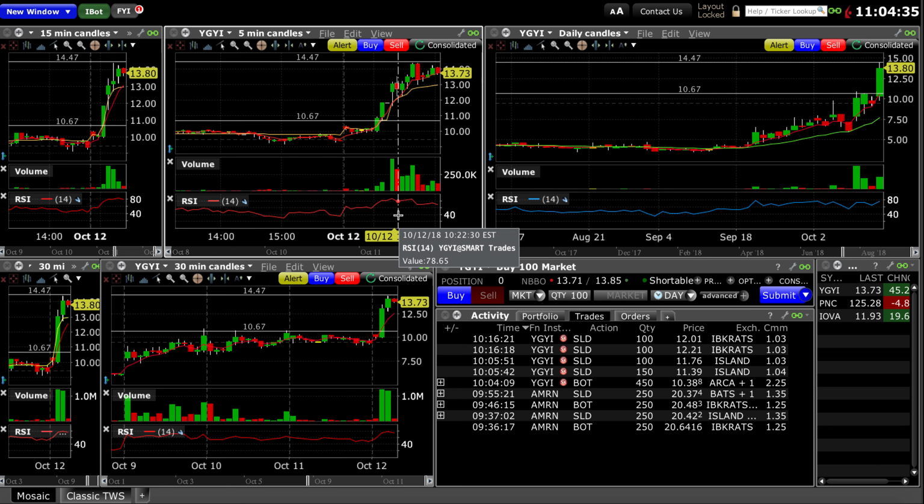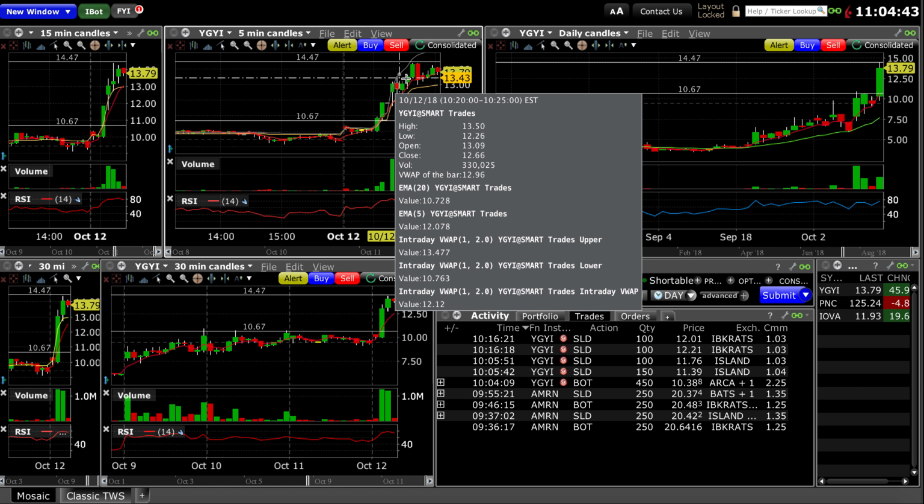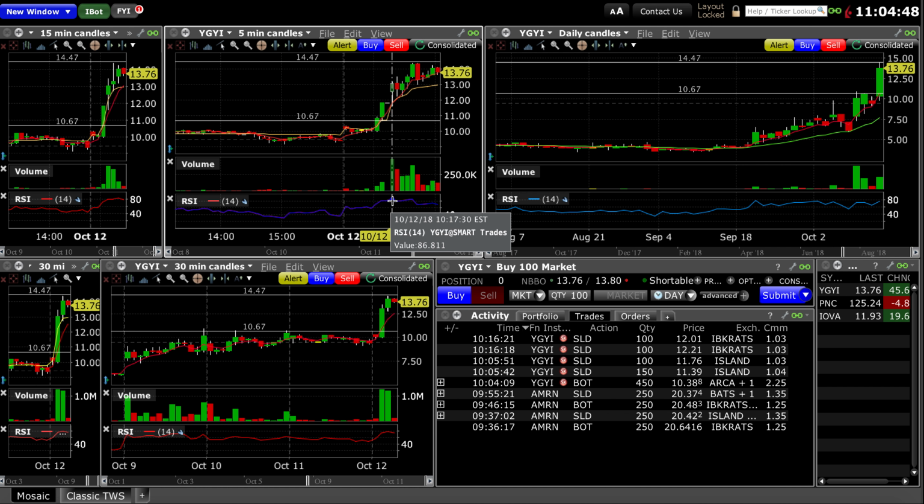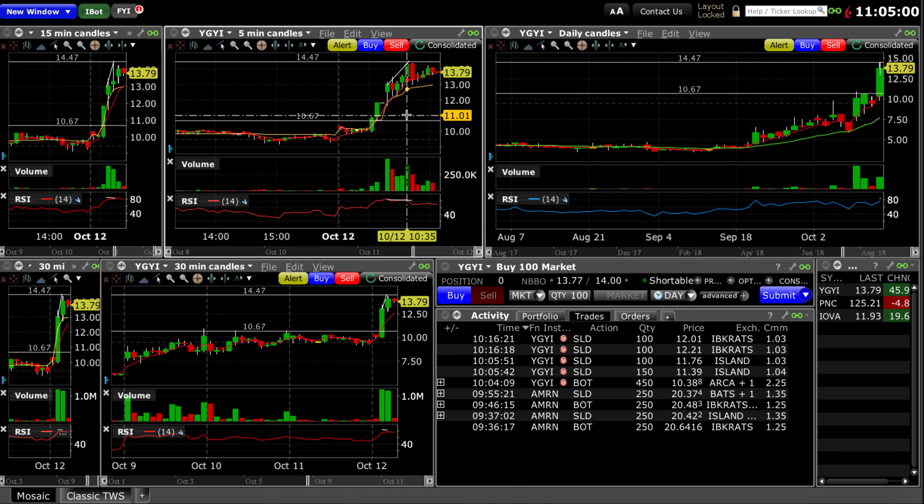Because right now it is doing exactly what this RSI is telling you. For someone who did try to play the breakout over here, they might have made some money, but if you look over here, the high was 86.81. It never really went over 86 at all in the RSI, so there is a declining momentum on the 5-minute chart. I'm not saying that cannot work, but it's not a higher probability trade.